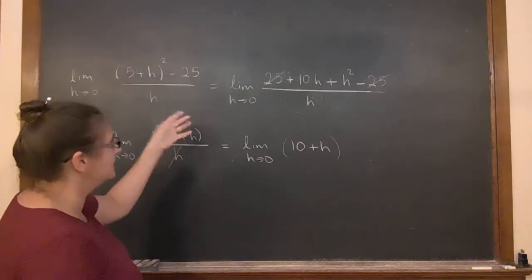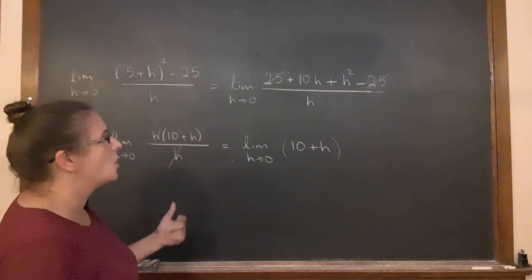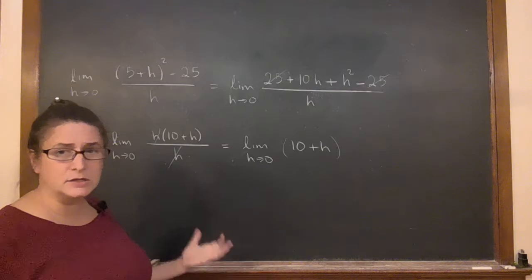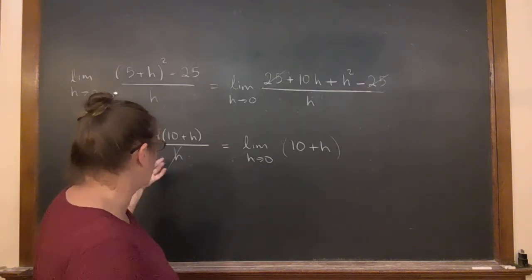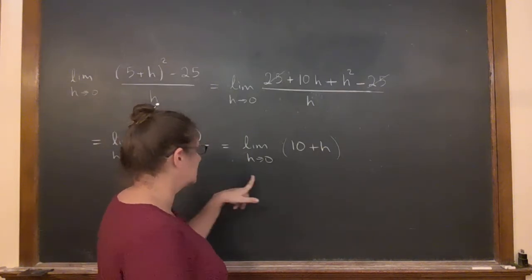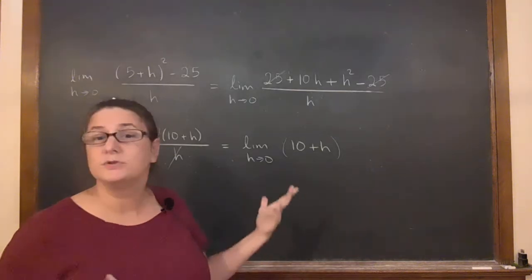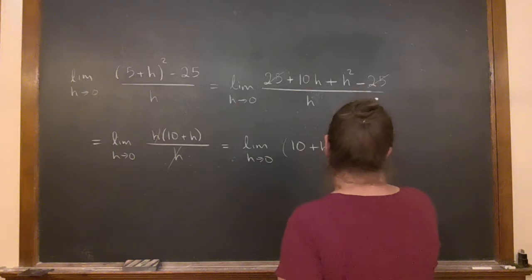You could try putting in 0 wherever you want, but until you cancel out that value of h, it's not going to do you any good. Once you cancel out the value of h, though, everything works out nicely. Now 0 is in the domain. All I have to do is set h to 0, so my answer is 10.